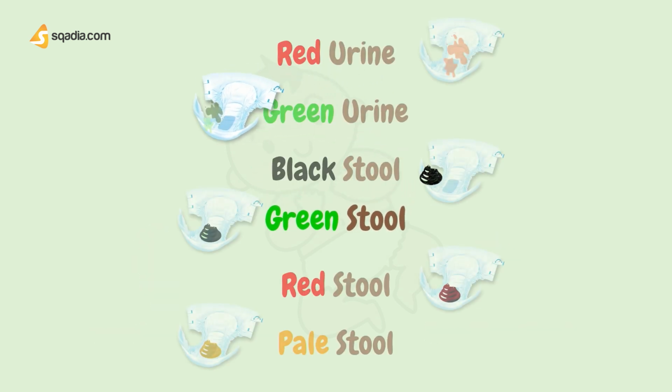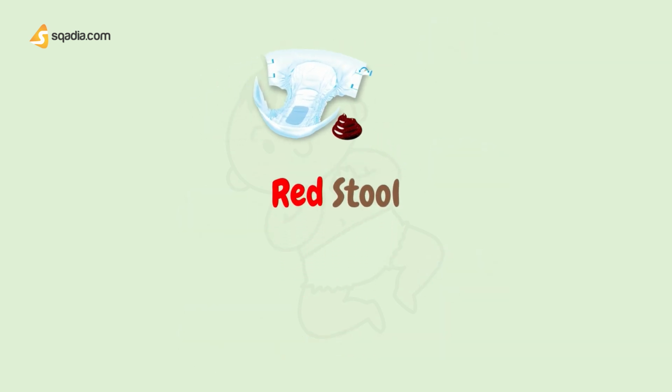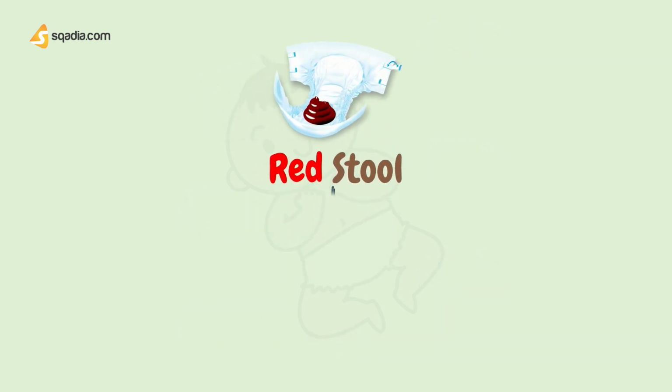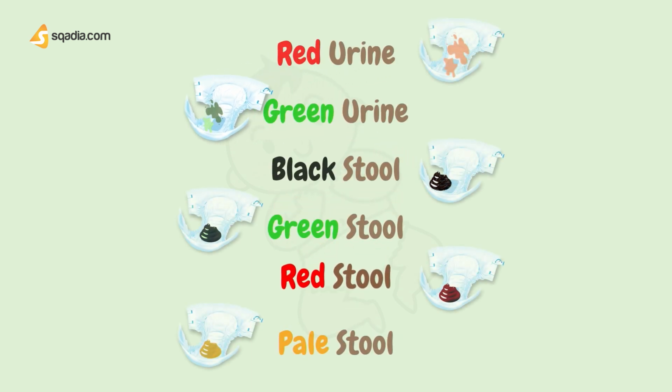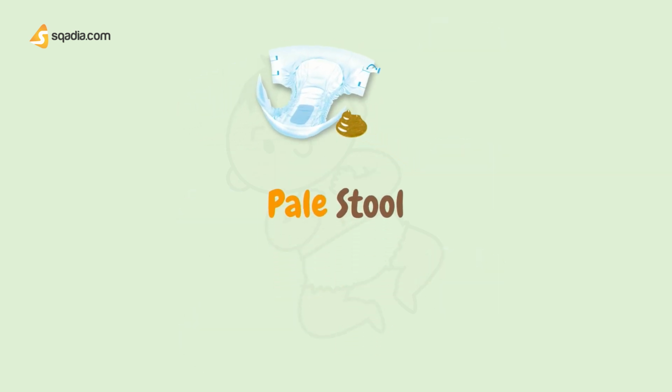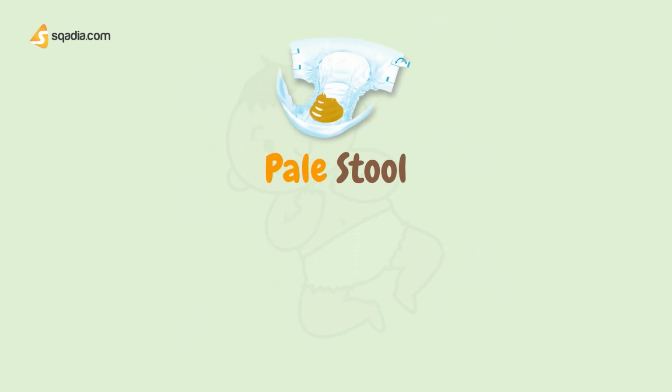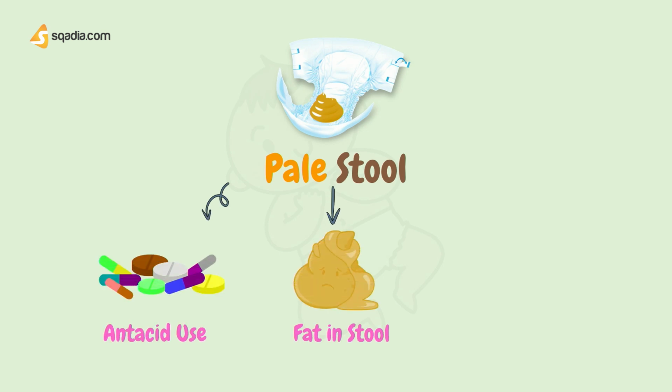But what if the stool appears to be red in color? Obviously, that can be due to passing of blood in the stool, and this can be due to various reasons. Lastly, if your patient has extremely pale stool, the possible cause could be antacid use, fat in stool, or jaundice.